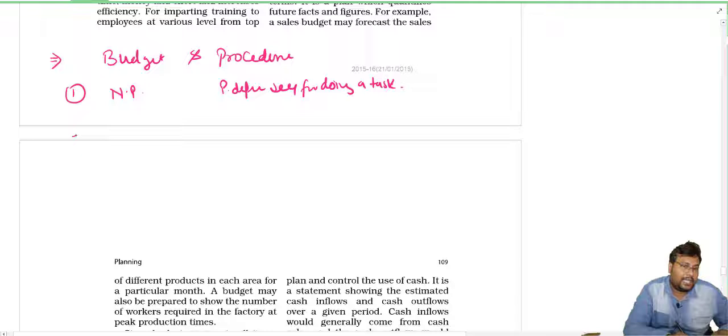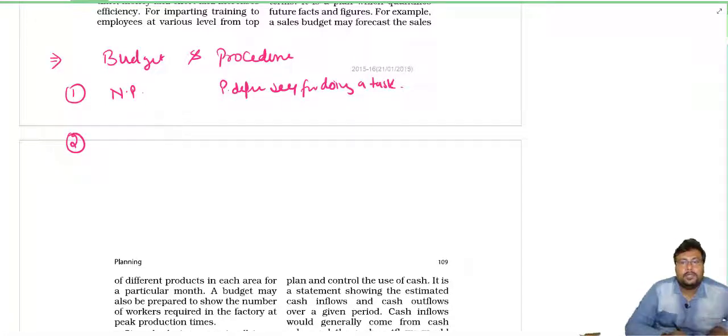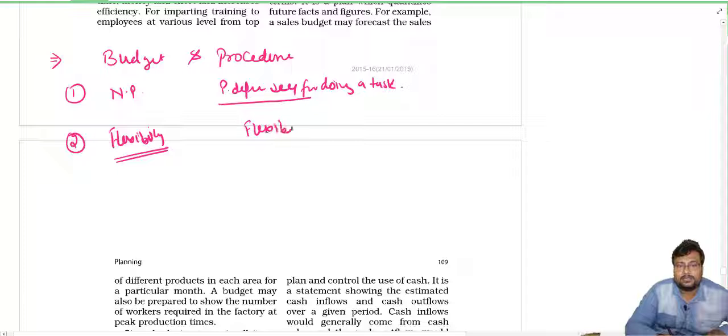Second, a budget plan enjoys flexibility. Flexibility is there in budget, but a procedure is already a predefined sequence, so there is very little or no flexibility.